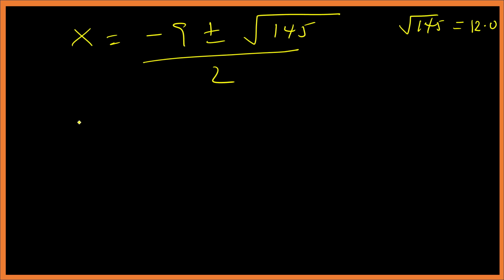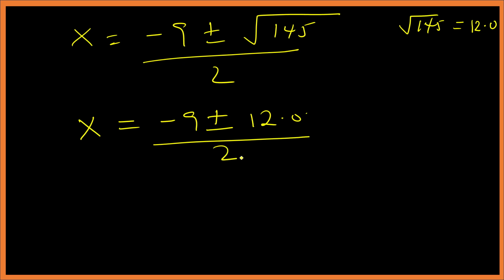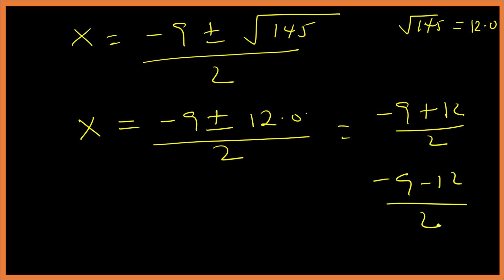So this side will be x equals minus 9 plus or minus 12.04 on 2. So the first answer will be minus 9 plus 12 on 2, or minus 9 minus 12. So the first one, x1.